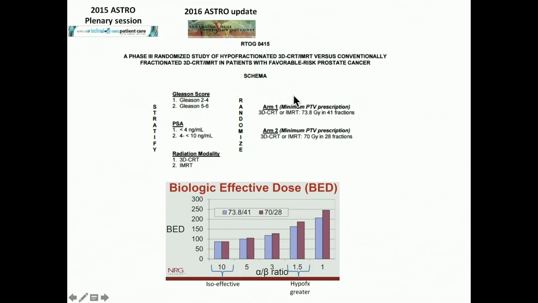This is the RTOG trial, 0415, which randomized gentlemen with low-risk prostate cancer between conventional fractionation versus a modest hypofractionation. In the design of this study, it's important to bear in mind that if the alpha-beta ratio of prostate cancer is more similar to 10, a higher number, essentially the doses employed would be isoeffective. And if the alpha-beta ratio of prostate cancer is lower, then the hypofractionated arm should in fact do better.